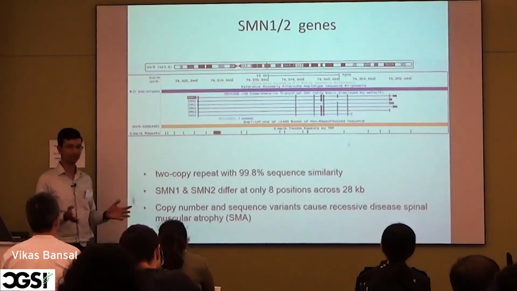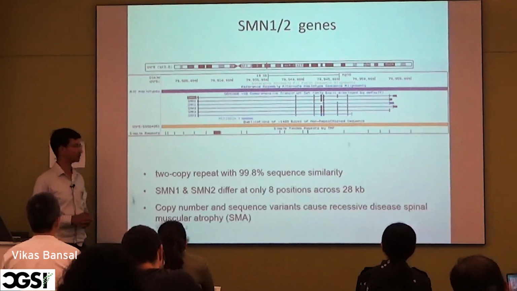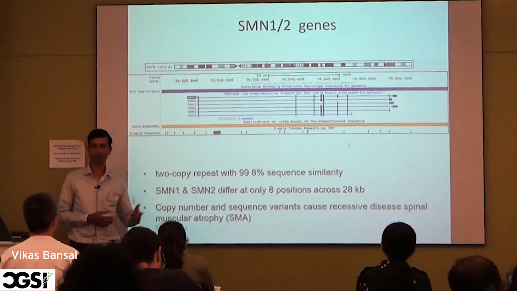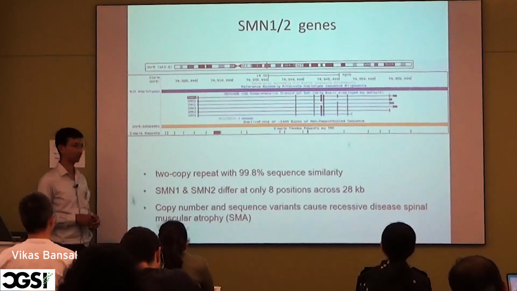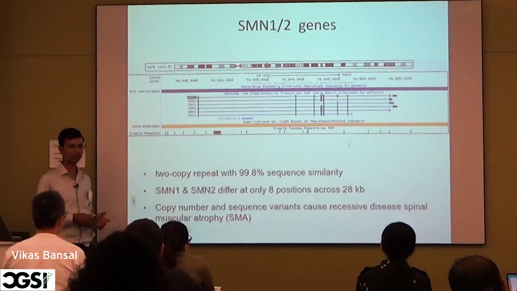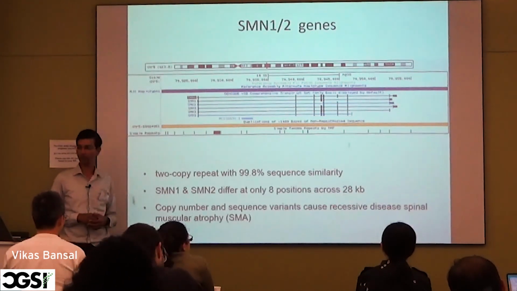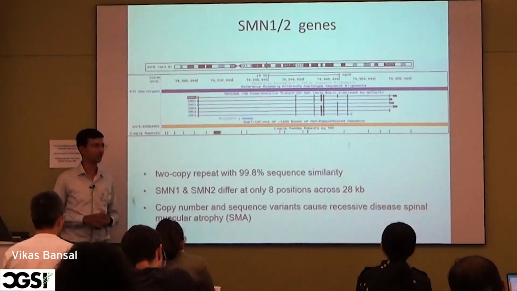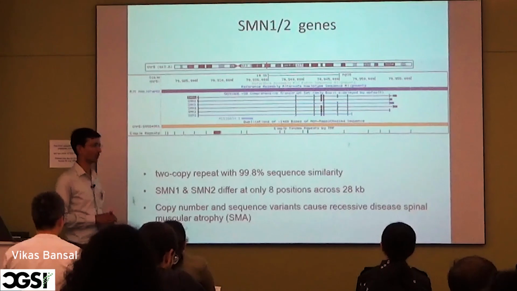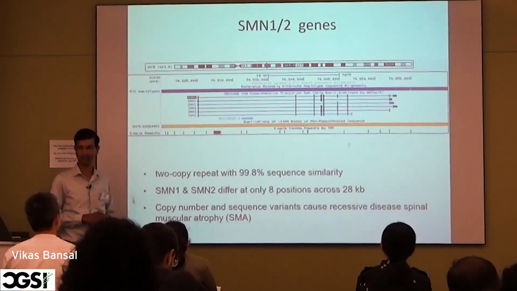The entire region, including this gene, is duplicated adjacent to it, and the sequence similarity between SMN1 and its copy SMN2 is more than 99.8%. What that means is that SMN1 and SMN2 only differ by 8 nucleotides across the entire gene and by only 1 nucleotide in the coding region. So for all practical purposes, they're almost identical.